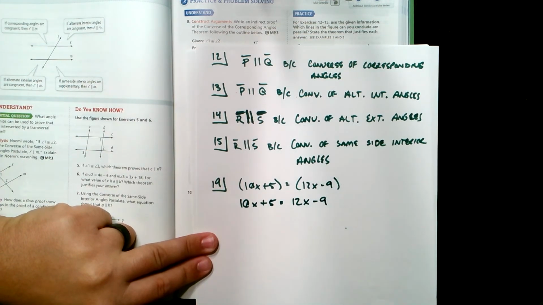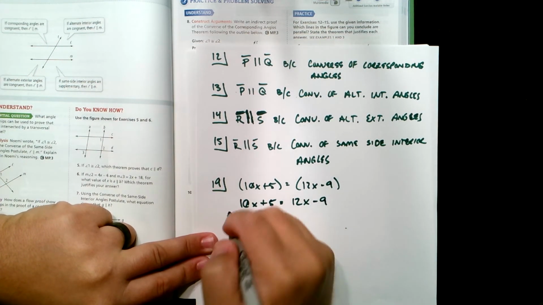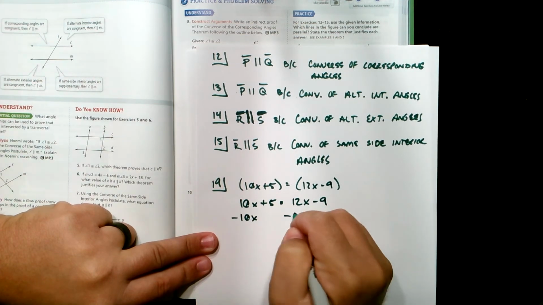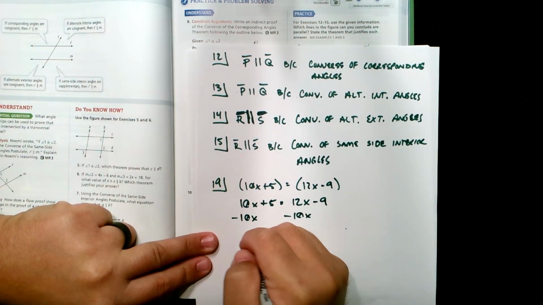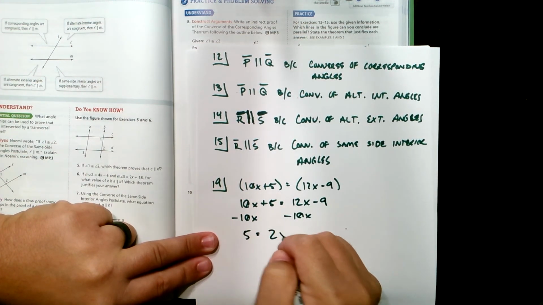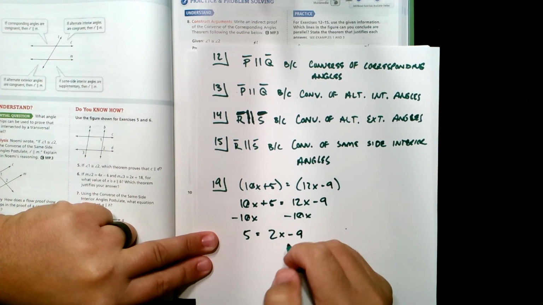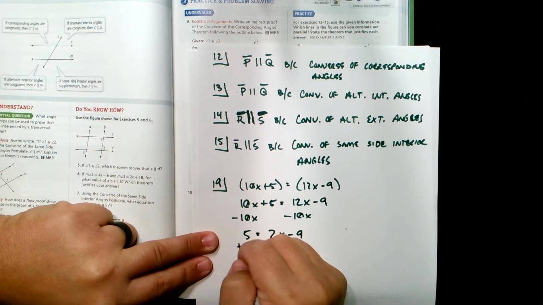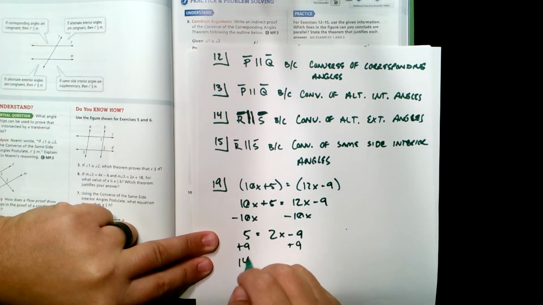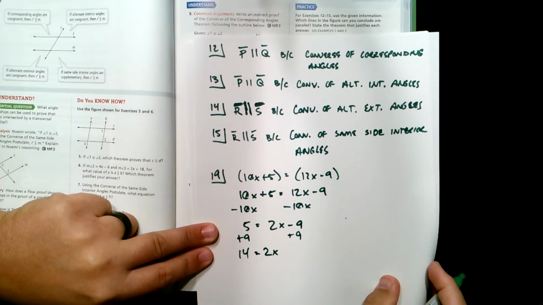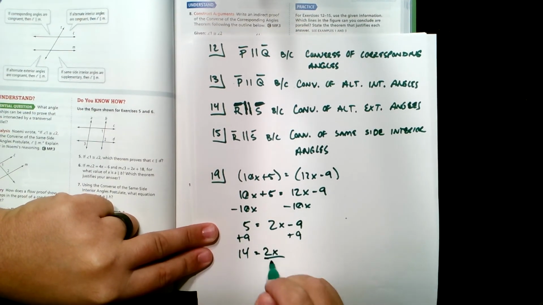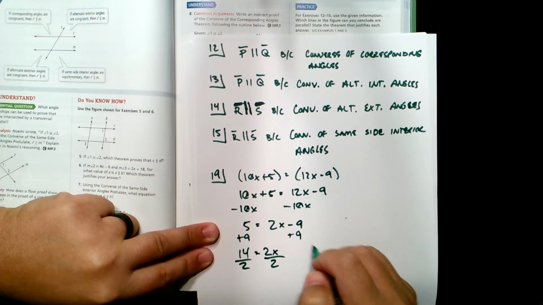I'll rewrite this without the parentheses just so we have less junk on our page. I'm going to move the x's to the right because when I subtract 10x, it'll keep that positive on the right-hand side. Since I moved my x's to the right-hand side, I'll move that constant to the left. So I have 14 equals 2x.